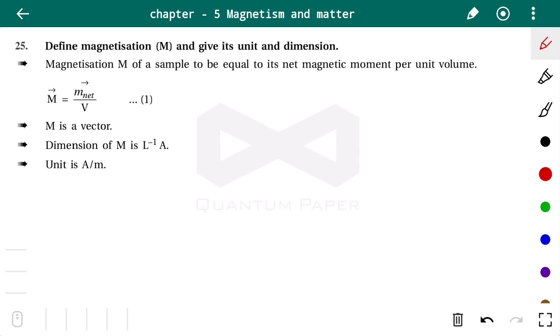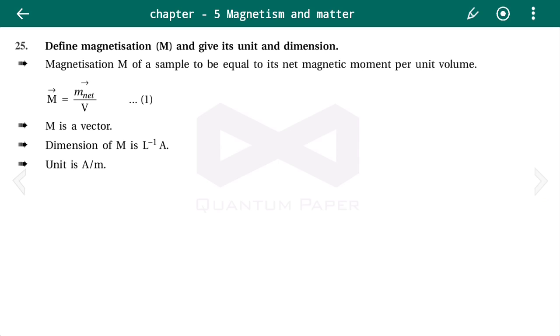When the sample is placed in the external magnetic field, it acquires magnetization. The magnetization M of a sample is equal to the net magnetic moment per unit volume, so vector M equals M net vector upon V.